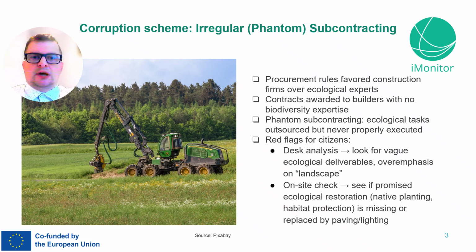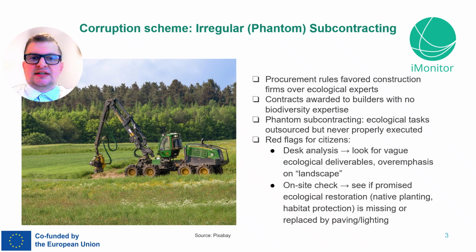And now let's talk about irregular subcontracting. In some environmental projects, the contracts are deliberately structured to favor construction companies, while ecological specialists are pushed aside. Subcontractors who are supposed to deliver the ecological work often don't exist, or if they do, they would fail to perform.